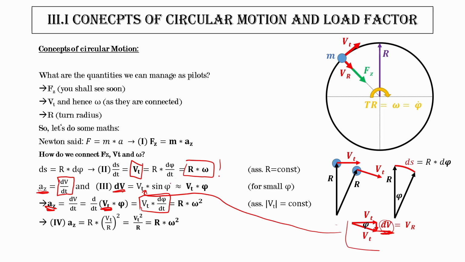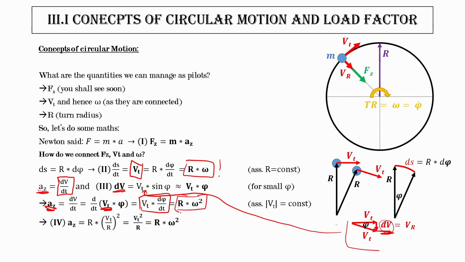We've just established this here. We've established that turn rate, we are using this equation, and d phi over dt is obviously omega, and we've already established what Vt is, because it's r times omega, and then we end up with this equation.